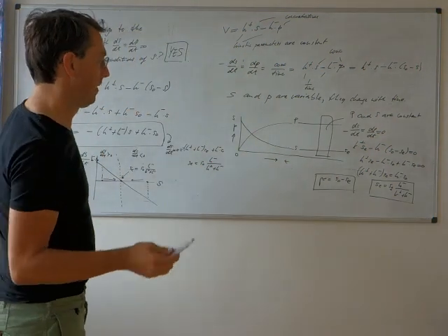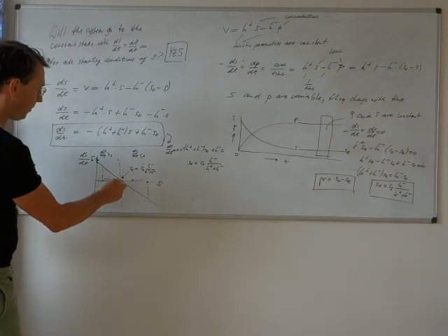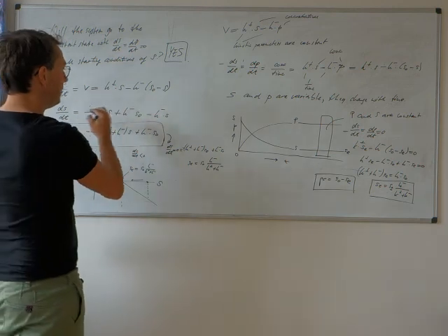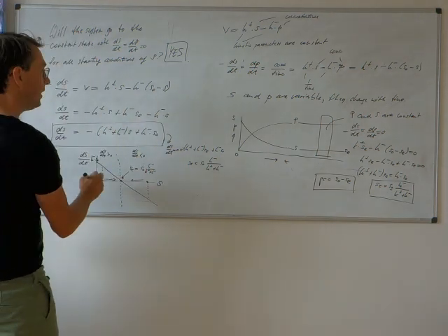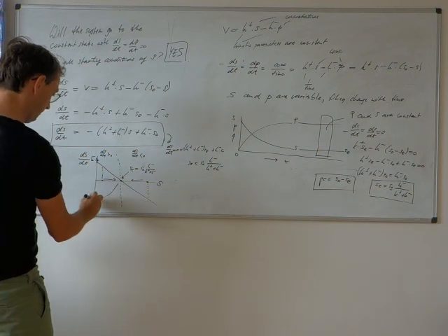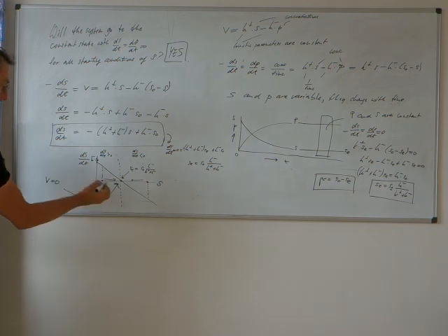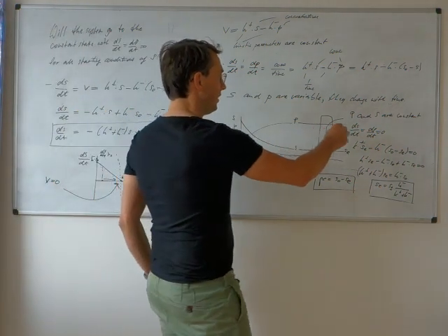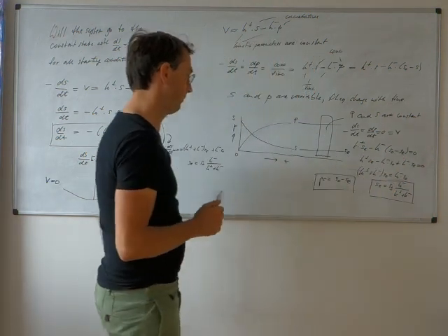Yeah? Now the final thing that I'm going to tell you is that in this point, the rate itself equals 0. So V equals 0 in this final point. So here, where this is 0, the rate is 0.